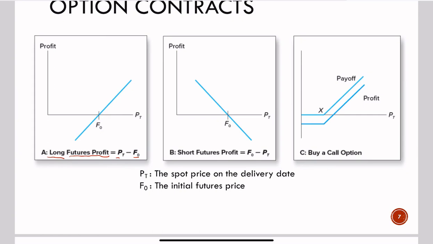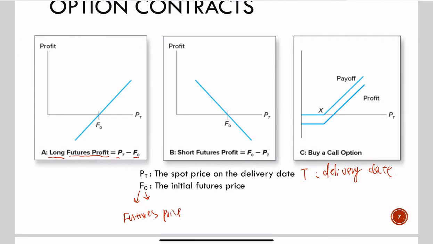In this lecture, we always use capital T to refer to the delivery date, and 0 means the initial date. F refers to the futures price. So PT is the spot price on the delivery date, and F0 is the futures price on the initial date.